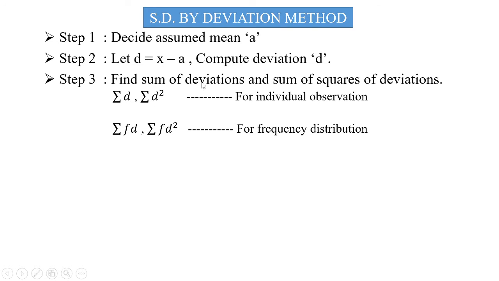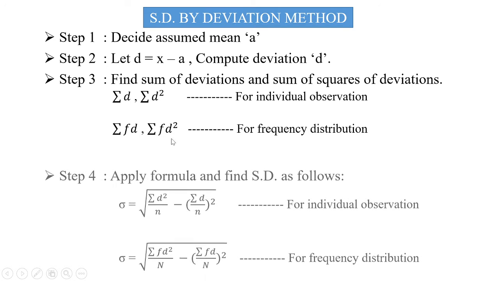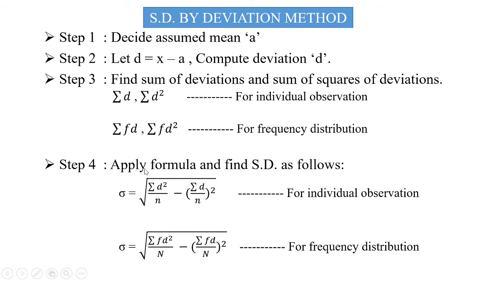Summation of D is the sum of deviations, and summation of D square is the sum of squares of deviations, for individual observations. And for frequency distribution, summation of f into D, frequency into deviation, and summation of f into D square. Step number 4, apply the formula and find standard deviation as follows.